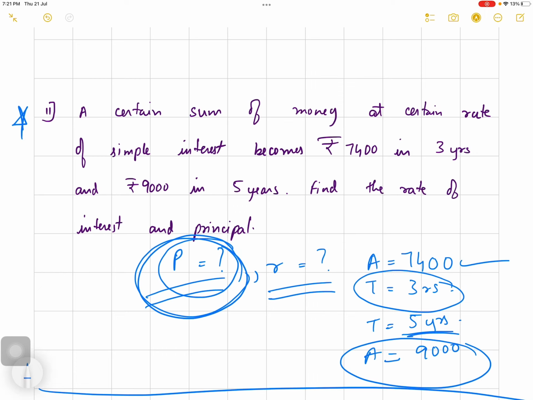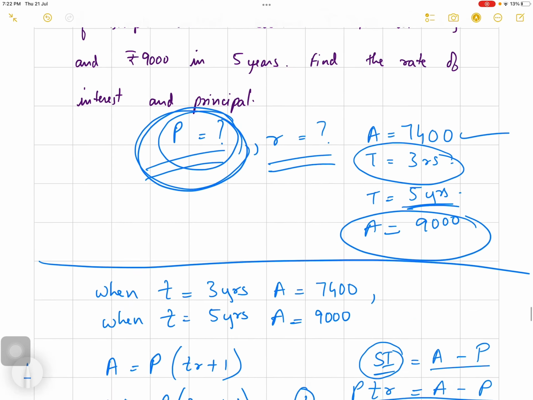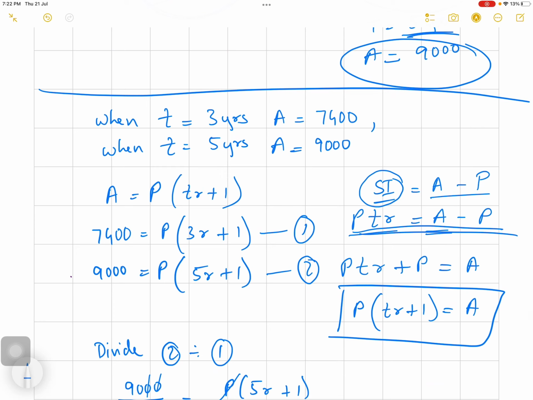A certain sum of money at a certain rate of simple interest becomes 7,400 in 3 years and 9,000 in 5 years. Find the rate of interest and principal. So this is how you find it. You know the formula of A: A is equal to P into (TR plus 1). When 7,400 is A, T is 3.